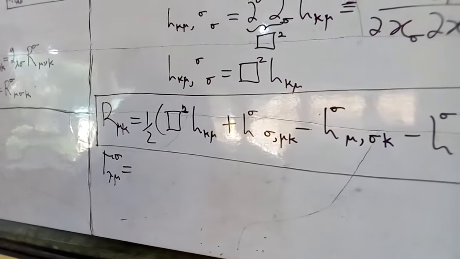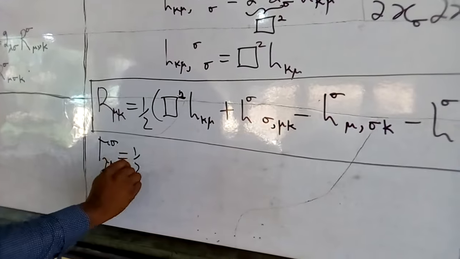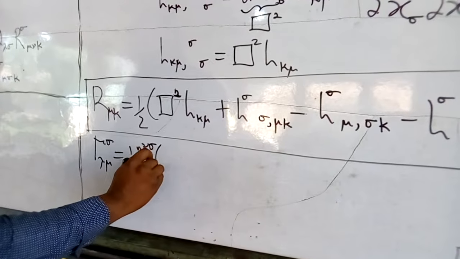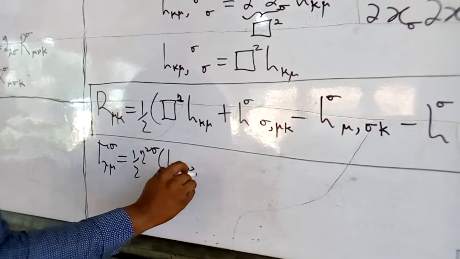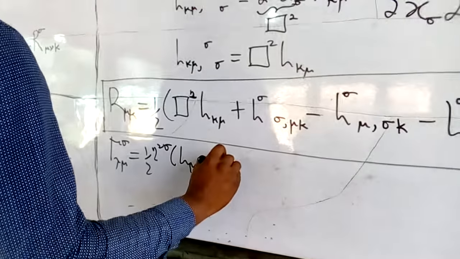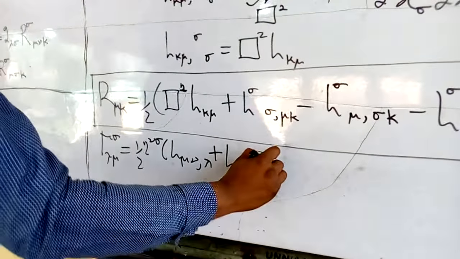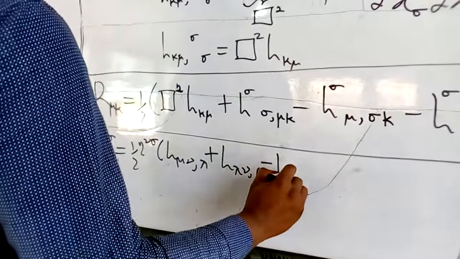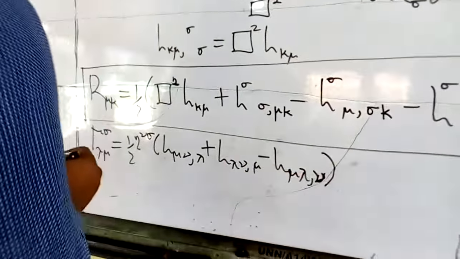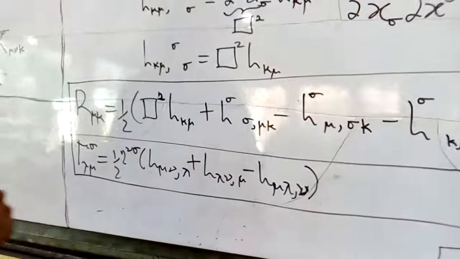The linearized form of the affine connector, using this expression, is eta nu sigma, and remember it is h mu nu, comma lambda, plus here h lambda nu, comma mu, minus h mu lambda, comma nu. So again, this is one other expression that we've got.